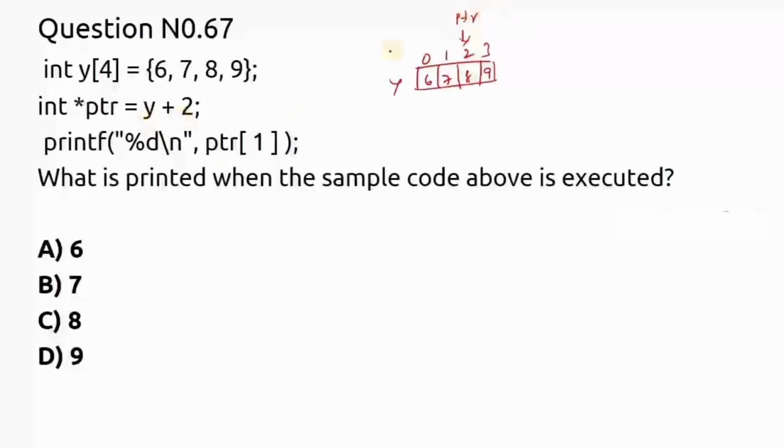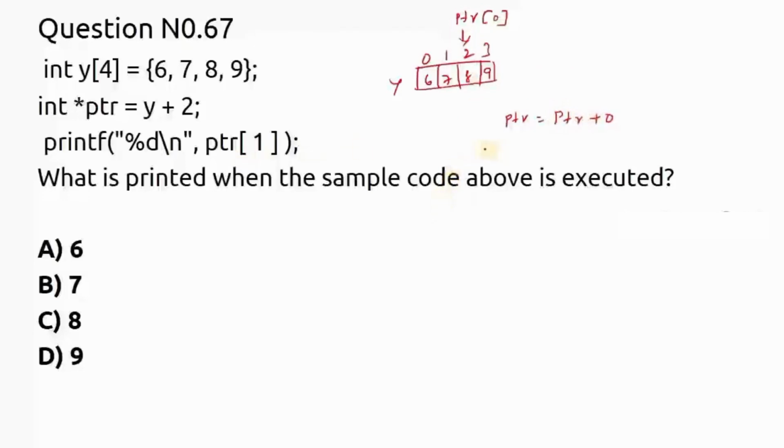You can take this one, y plus 2 means your pointer is right now at y plus 2. So printf %d ptr of 1. So what is ptr of 1? If you take this one, the pointer is now indirectly ptr of 0. In pointers, ptr of 0 is ptr plus 0.